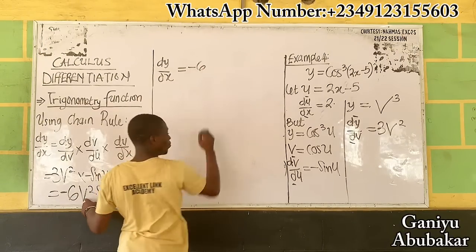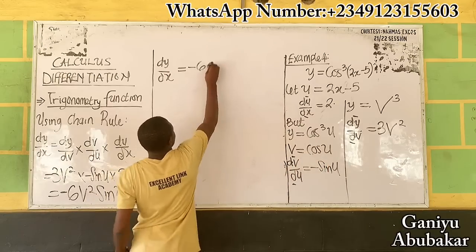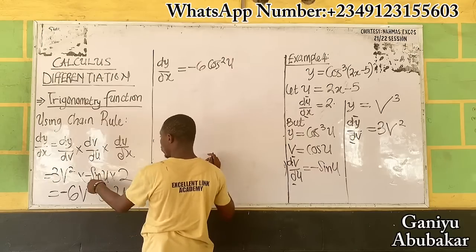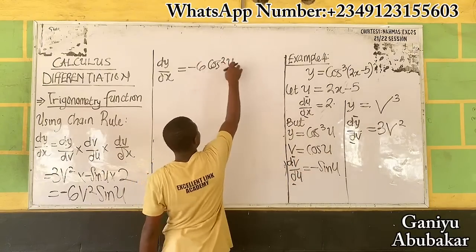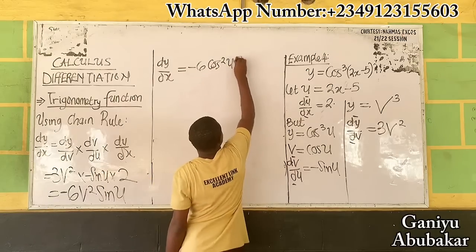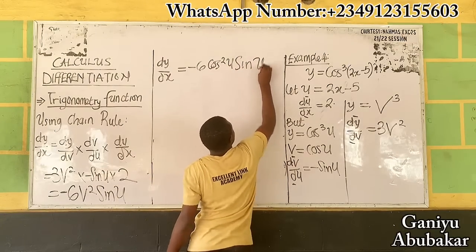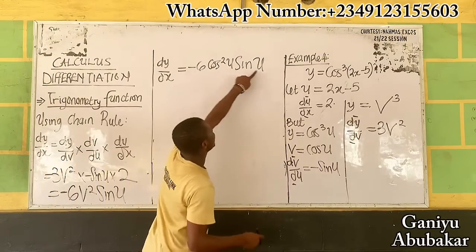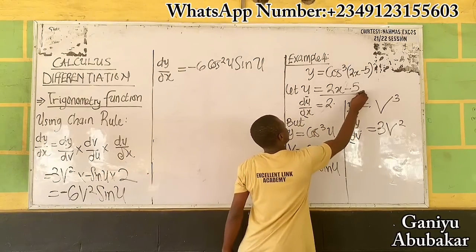What's v? V is cos u, right? So minus 6 v squared, and v is cos u, that becomes cos squared u sine u. Alright, I can't leave my answer in this form, so I'll take this u back to x. That is, replace the value of u.